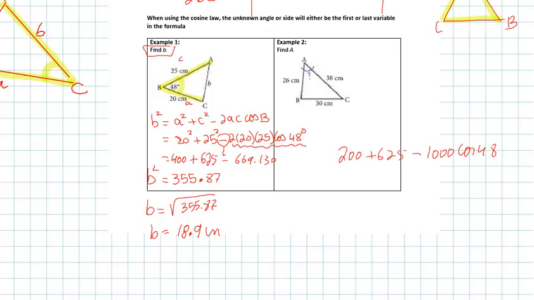You either do this by itself, this by itself, this by itself, and then you add them, or you put it all together on the calculator. If you can put it all together on the calculator, that's the best way to go.